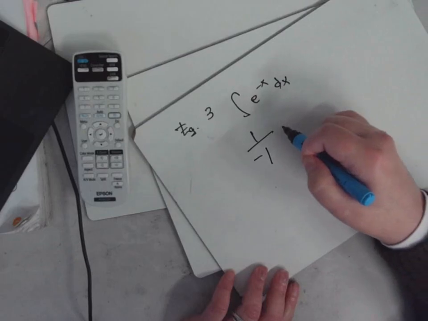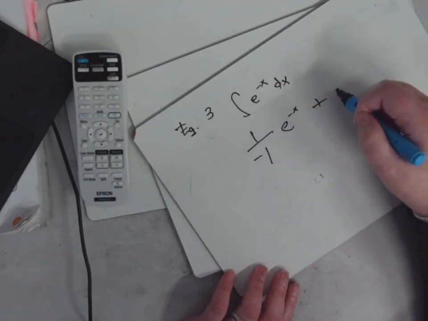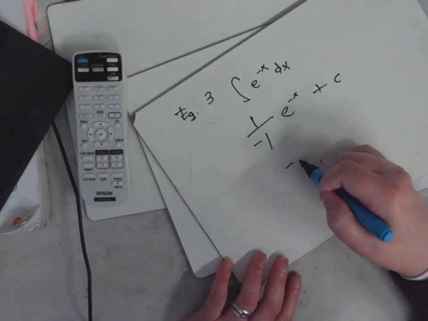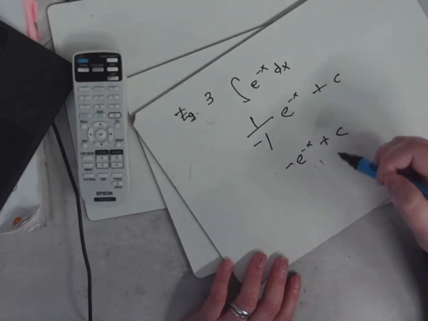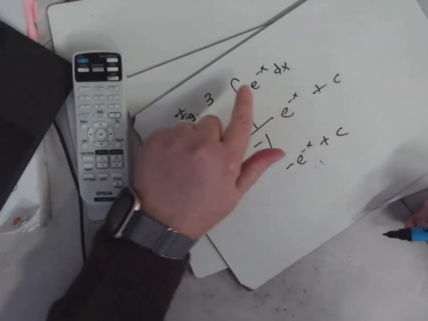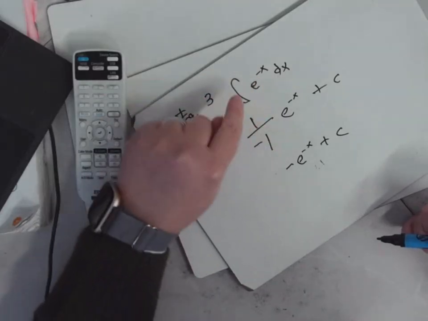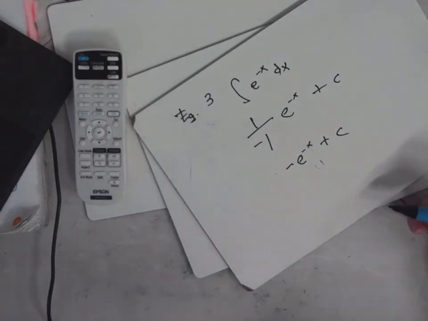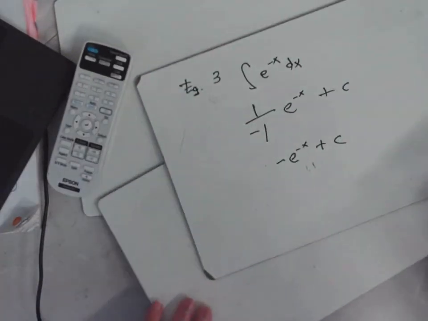So it's e to the power minus x plus c. And remember, 1 over minus 1 is just minus 1, so minus e to the power minus x plus c. Just be careful with that one, people forget it. You treat that as minus 1.